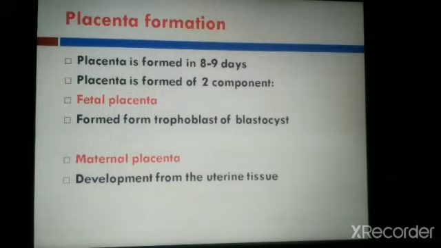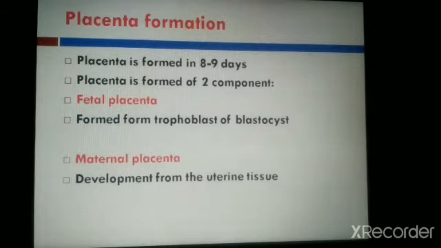The fetal placenta is formed from the trophoblast of the blastocyst. We talked about how, when mitotic division starts in a zygote, the embryo is formed, and the 8 to 16 blastomere stage is called the morula.